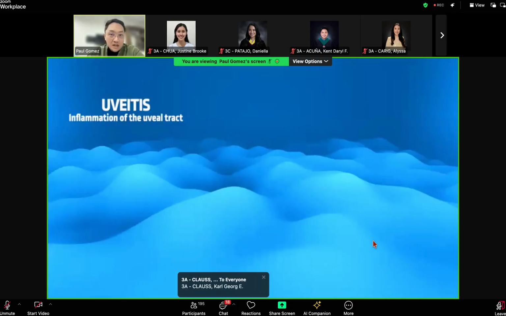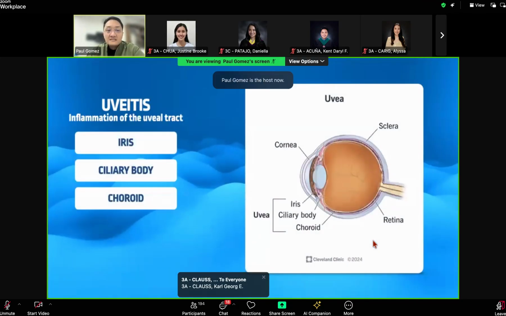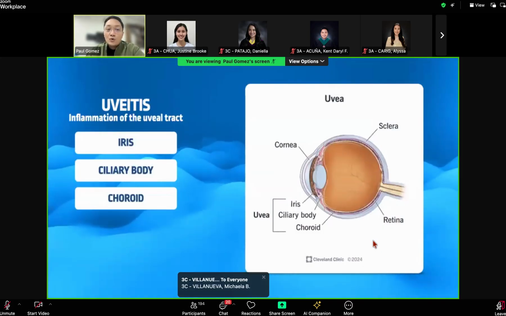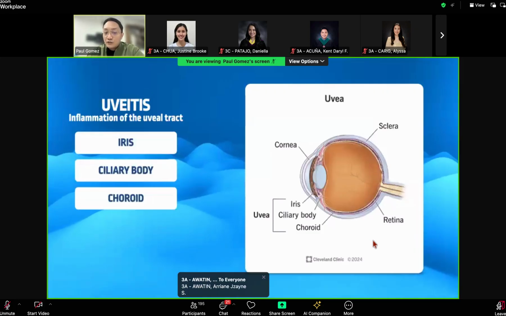So, uveitis is the inflammation of the uveal tract, and the uveal tract is composed of the iris, the ciliary body, and the choroid. The iris is the colored part of the eye that controls the amount of light that enters the pupil.